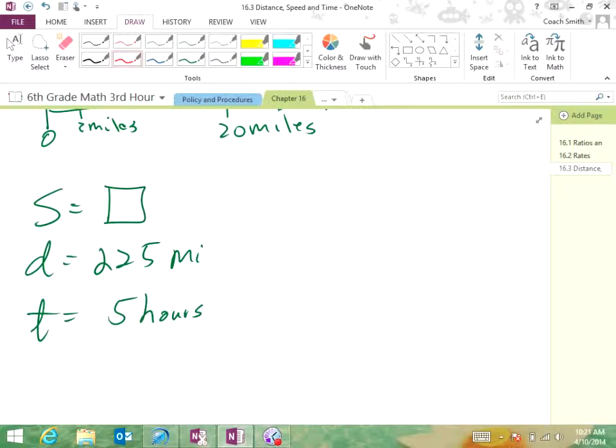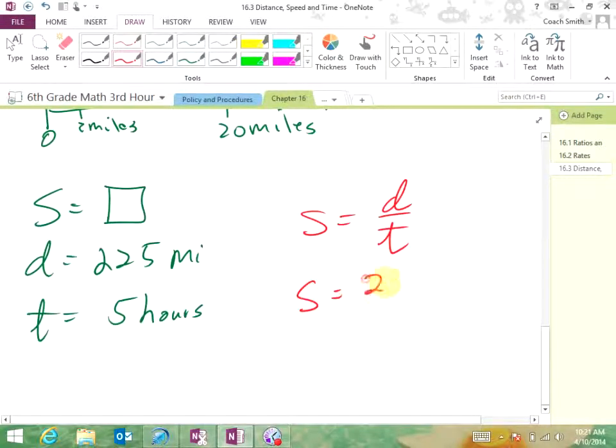All right. S is equal to distance over time, or distance divided by time. So we plug in our information. S is equal to 225 over 5. So that means we're dividing 5 into 225. 5 goes into 22 four times, 4 times 5 is 20, remainder 2.